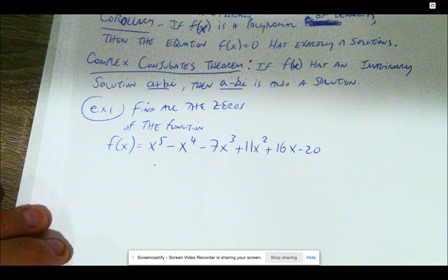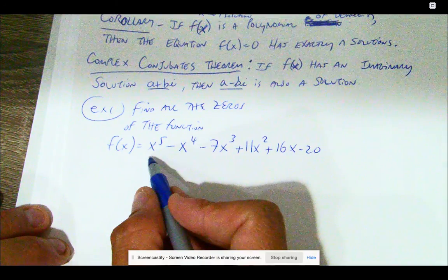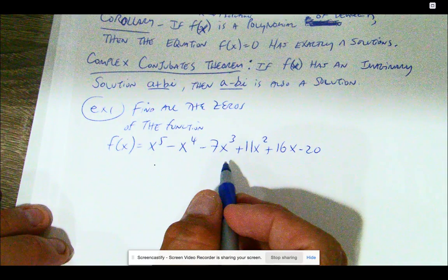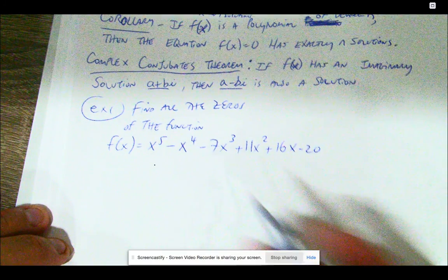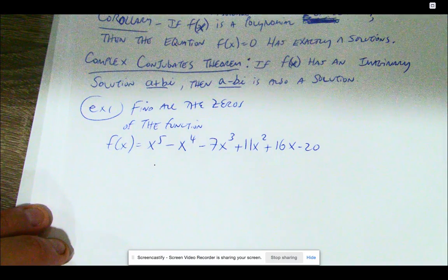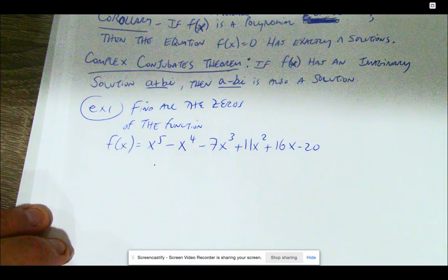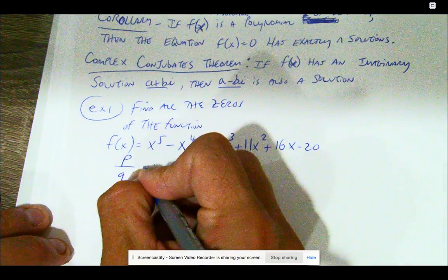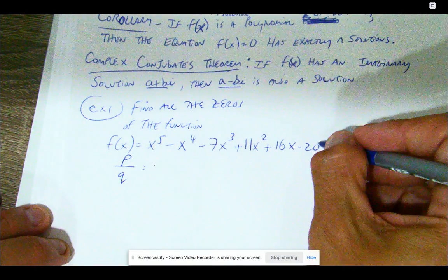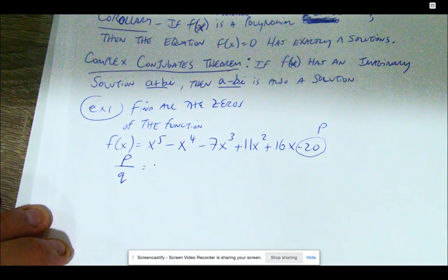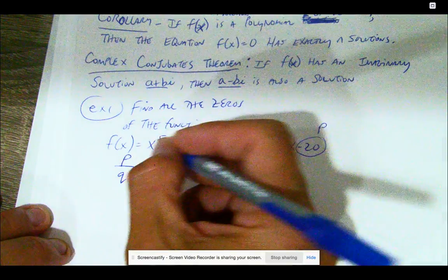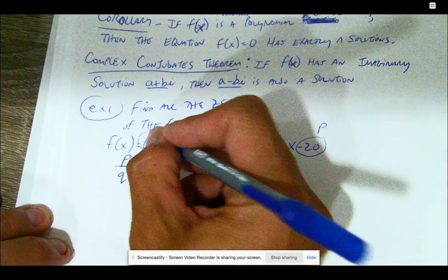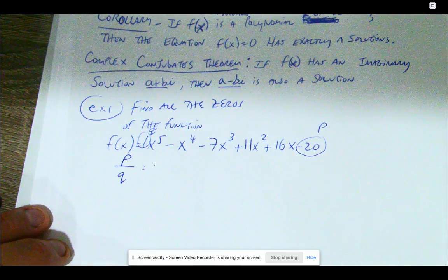Okay, now the first thing I want us to look at is obviously, when you look at it, they don't share anything in common. It's not a trinomial. You can't use grouping. So the only option that you have is the p over q thing. Now the p over q thing, remember that p is the constant that's at the end, and the q value is going to be the leading coefficient for your biggest power.